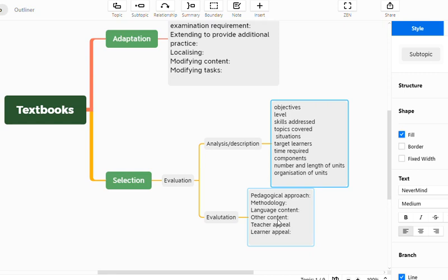In terms of the content, do they include source and target culture? Do they provide the students with activities or with materials on pragmatics in terms of language content?